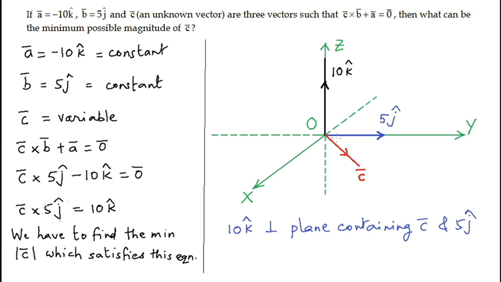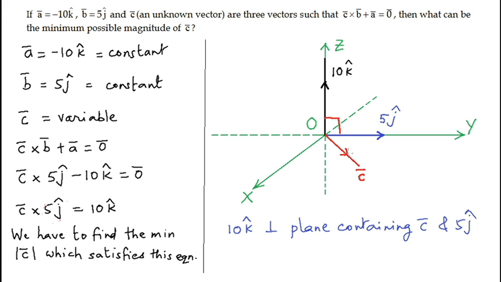The xy plane also contains the vector 5j cap, and the vector 10k cap, which is along the positive z-axis, is perpendicular to the xy plane. You could understand the situation even better if you realize that the angle of 10k cap with 5j cap is 90 degrees.